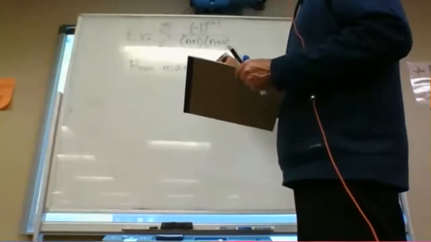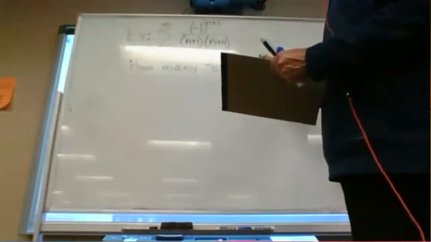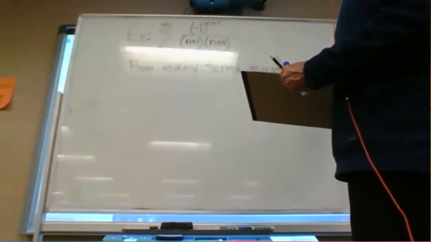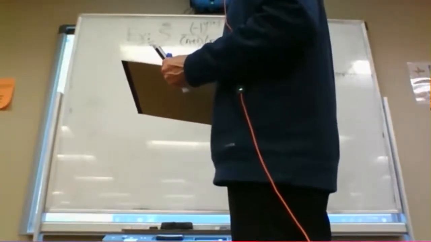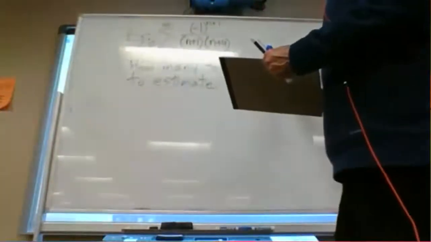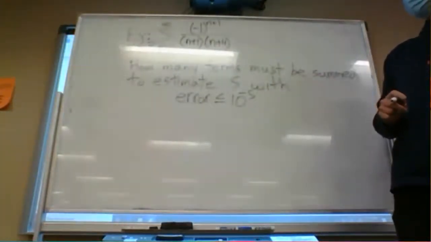And so now the question is, how many terms must you add together, say, in your hand calculator, to get an estimate of this number S, the sum of the whole series, with error less than or equal to 10 to the minus 5. Suppose I had that problem, right? How many terms do I have to add up?